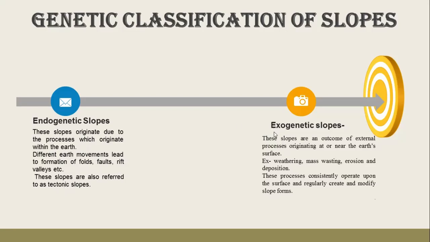And then we have activities which work upon the earth's surface, the external processes. So what are the external processes? External processes are weathering, mass wasting, erosion, deposition, etc. These processes do not occur within the earth; they occur outside, upon the earth's surface.